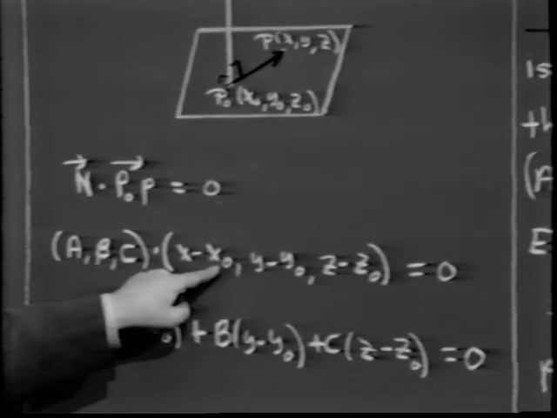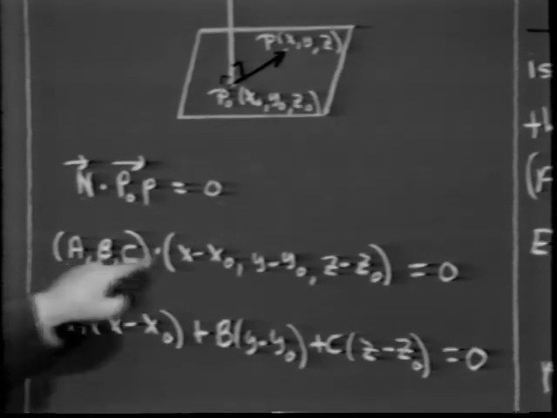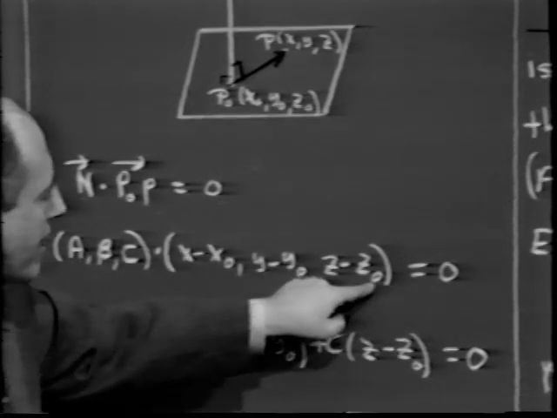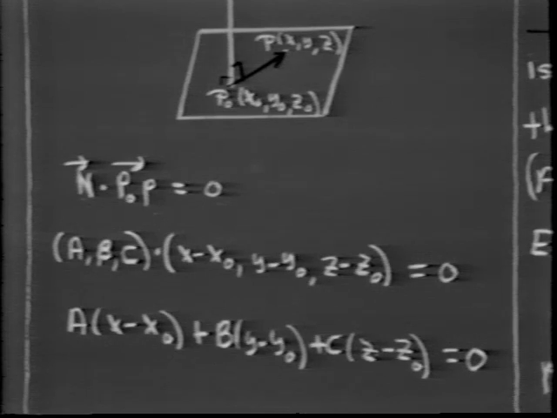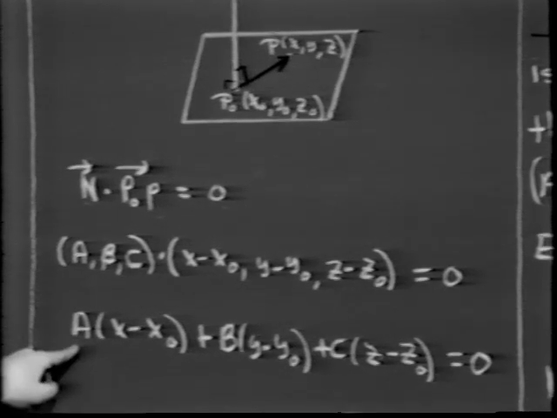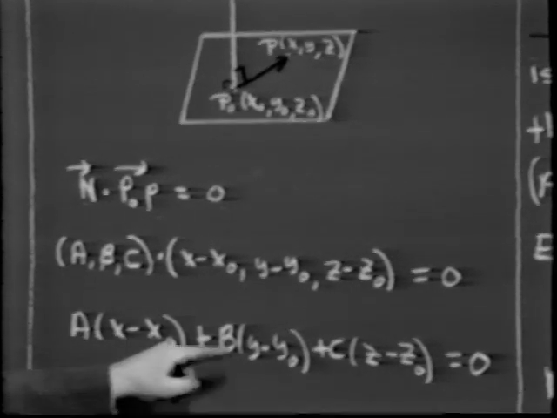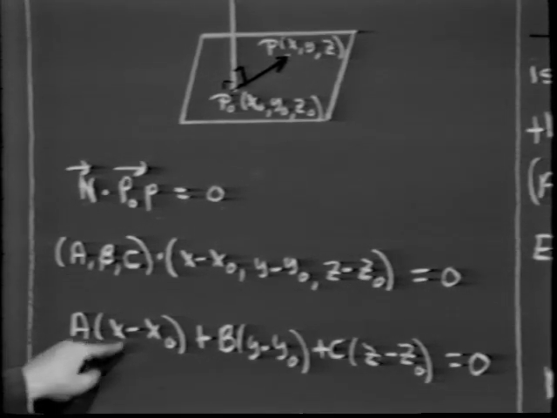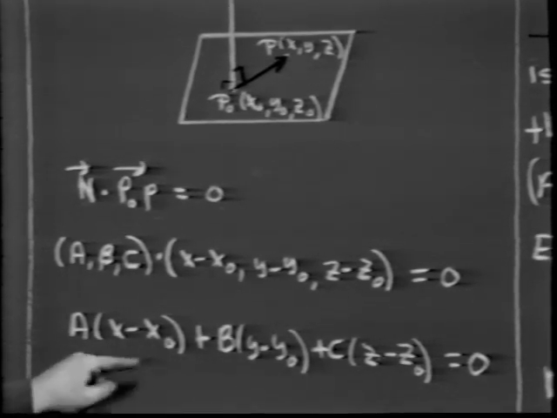A times (x minus x0) plus B times (y minus y0) plus C times (z minus z0) equals 0. By the way, each of these steps is reversible, meaning that under these given conditions, the point x, y, z is in the given plane if and only if this equation here is satisfied.